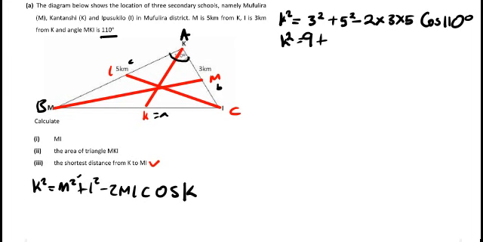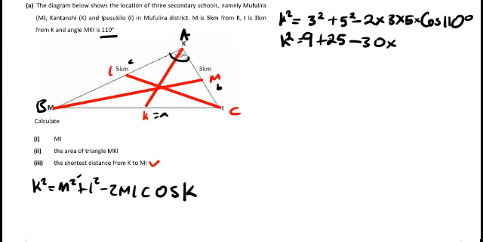You write like that, and then when you reach this point, you just multiply negative 2 times 3 times 5, which simply means that you are going to have negative 30, multiplied by cos 110.